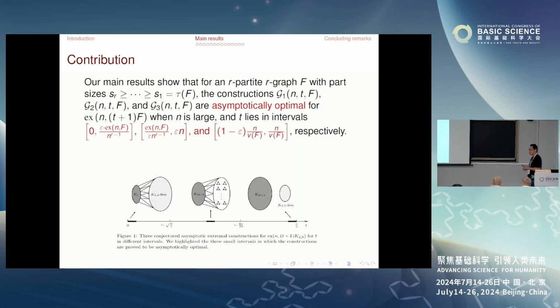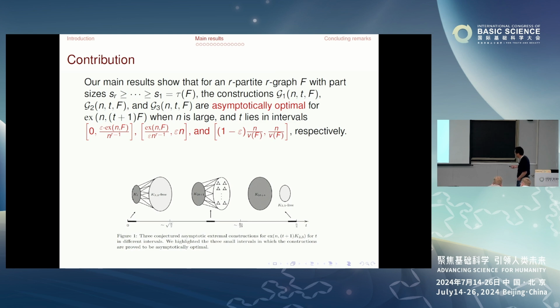Our main conclusion is that when t lies in this interval, from 1 to something like this, we want to show that G1 is asymptotically optimal for the Turán number of (t+1)F.